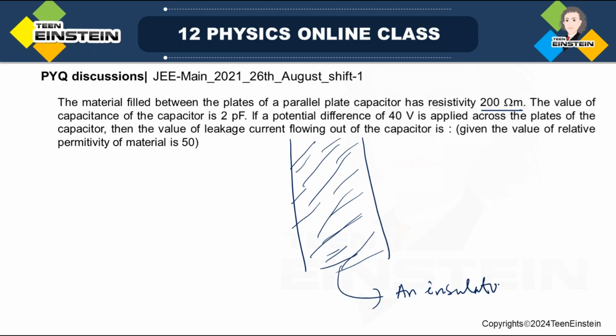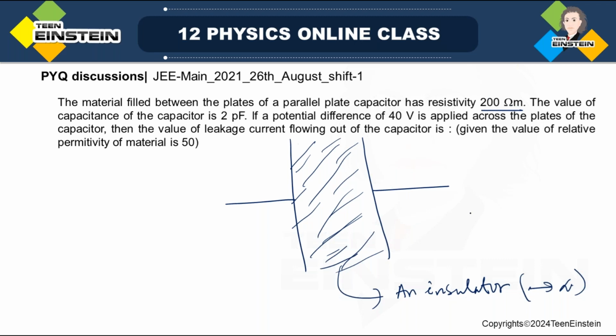Insulator means it will have almost infinite resistivity or resistance. But here in this case, the material with which the space between the plates is filled has low resistivity compared to the dielectric material.